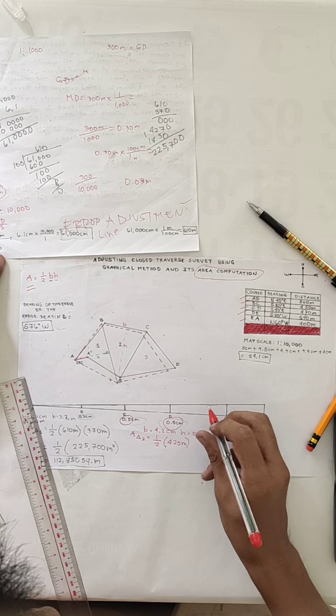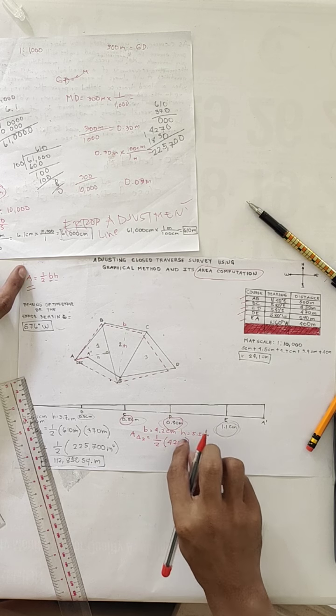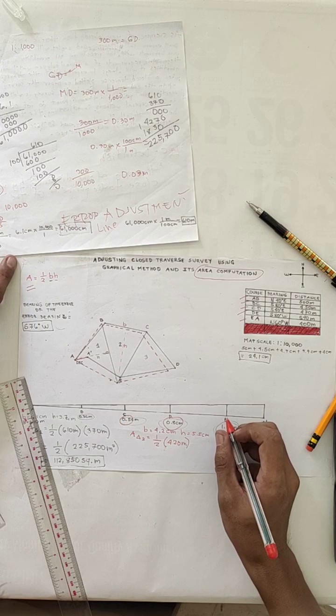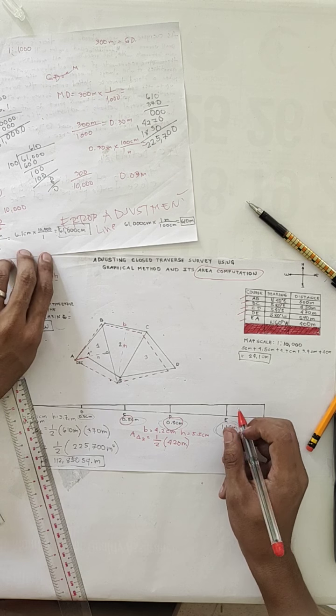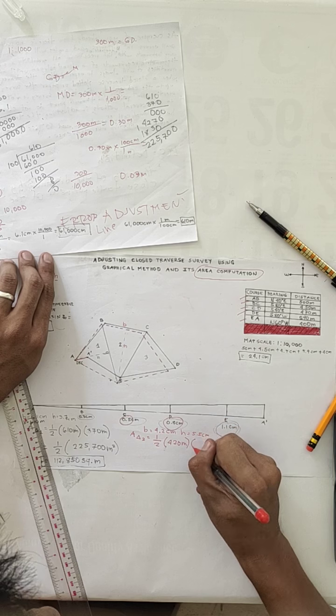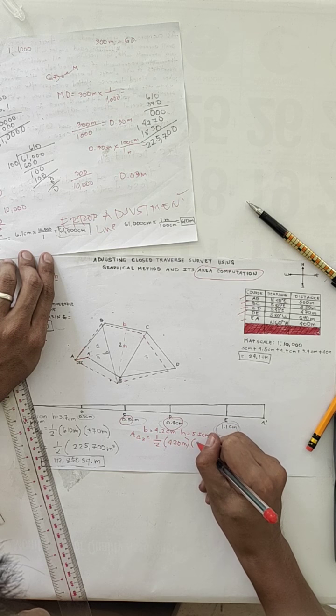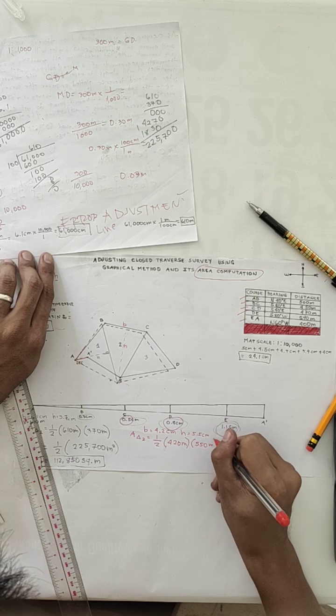So we will directly convert it: 4.2 cm is equal to 420 meters in ground distance with a map scale of 1:10,000. So this 5.5 would be 550 meters.